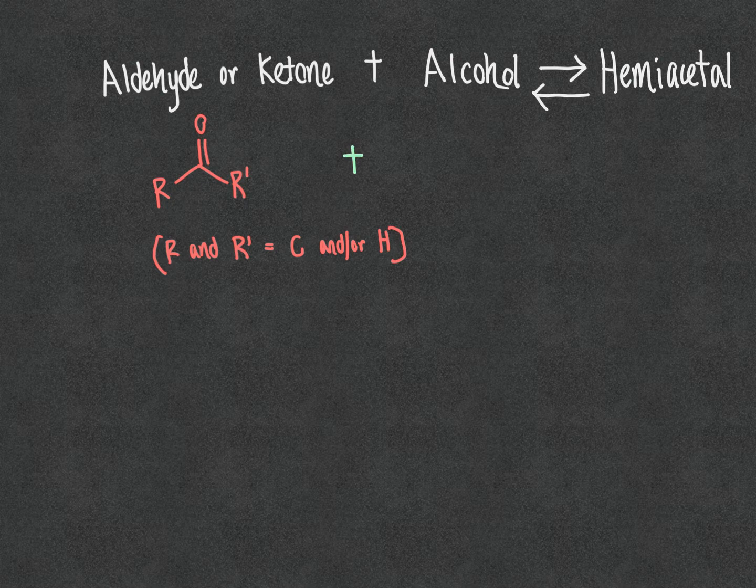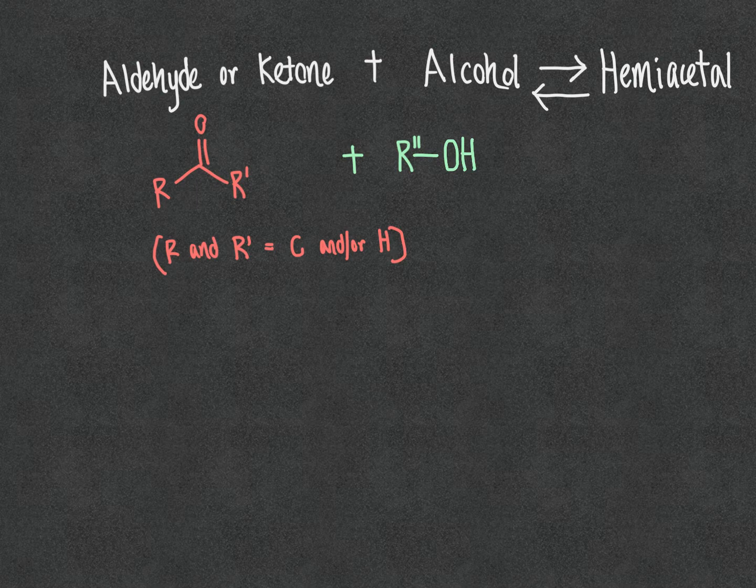We react with an alcohol, which I will call R double prime, to distinguish that this carbon chain or ring is not necessarily the same as the two here. It could be the same, but it doesn't have to be. And since it's an alcohol, that carbon chain or ring is directly bonded to an OH group.